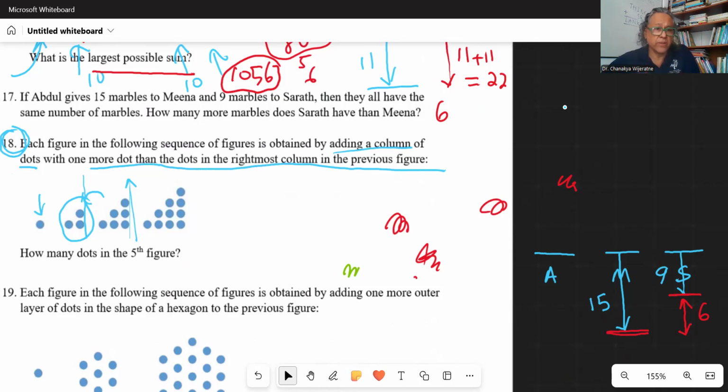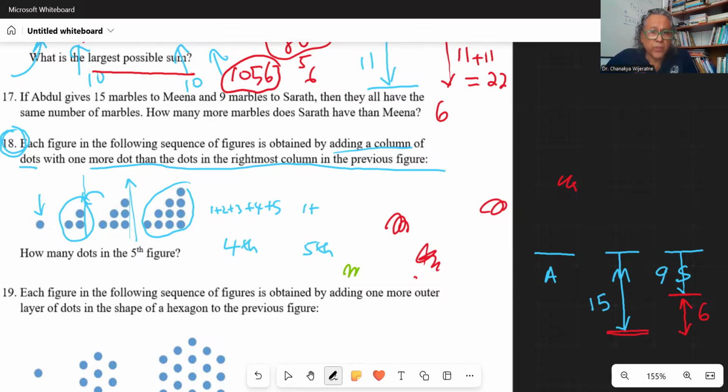Then how many dots in the fifth figure? The fourth figure should have 1 plus 2 plus 3 plus 4 dots. These are triangle numbers. And you add one column with one more dot, that is the fourth figure. And the fifth figure, so this is the fourth, fifth.